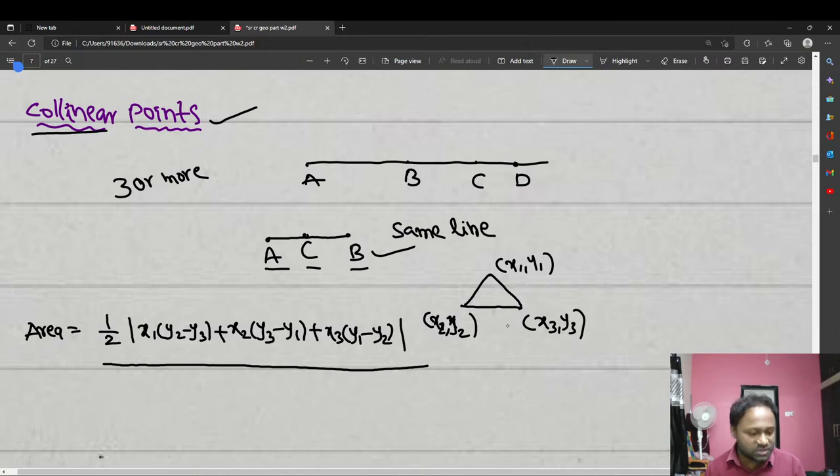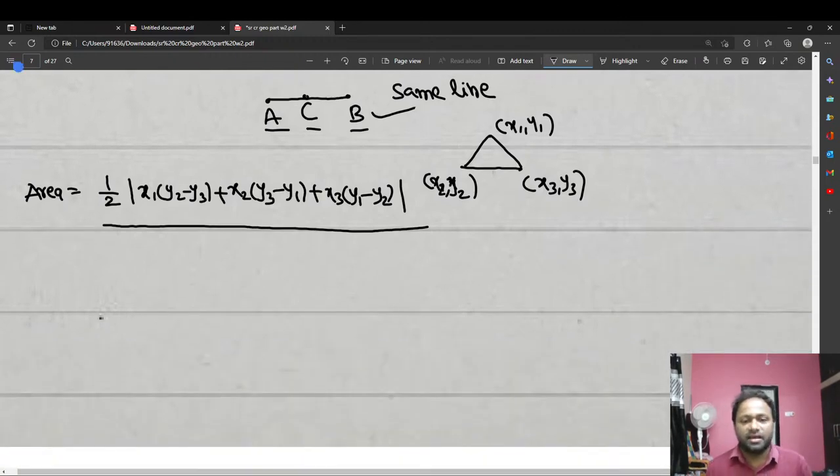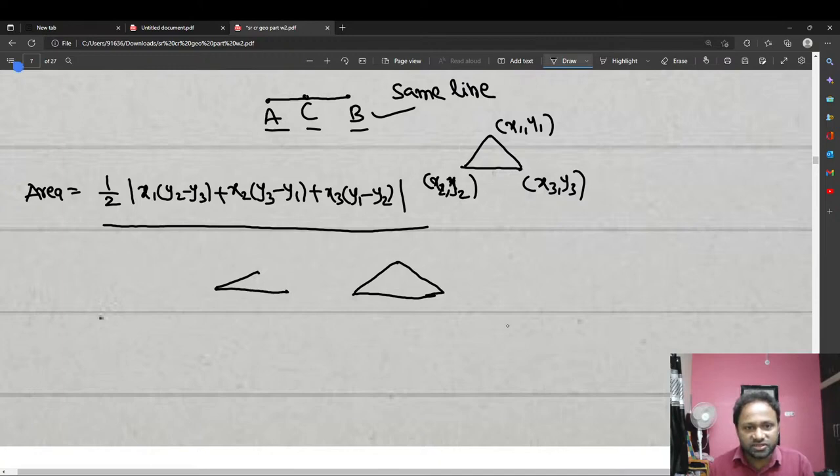Why I am using this formula, I will tell. Collinear points means, suppose I take these 3 points. It will have some area. This is a triangle with some area. I will take these 3 points, join these, join these, join these.